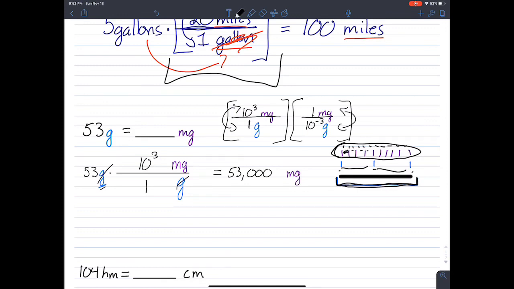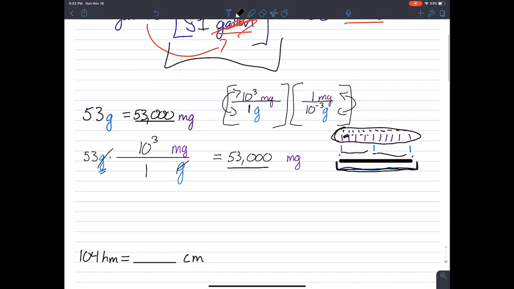And over here we have a smaller unit of measure for mass for the same amount of mass. So yes, it should be getting bigger. The numbers should be getting bigger when the units get smaller, because we're going to have a lot more milligrams in that sample than we have grams. So that's your correct answer, 53,000 milligrams. Okay, let's keep rolling.